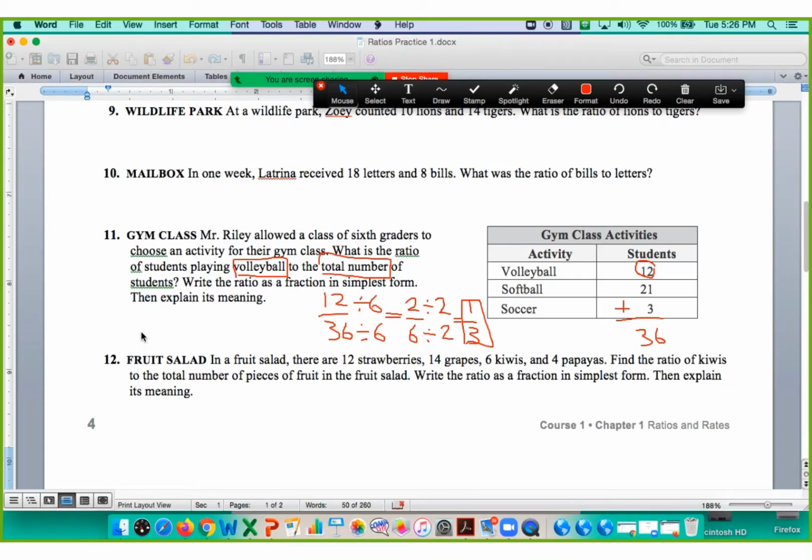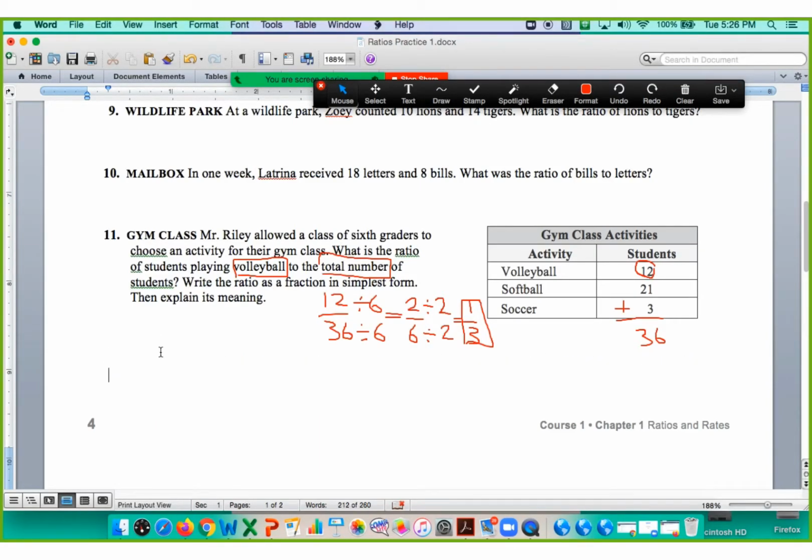Now, what does that mean? Well, it means that out of all the students playing sports, for every 3 of them, 1 of them is going to play volleyball. So I'm going to write that in a couple of ways.